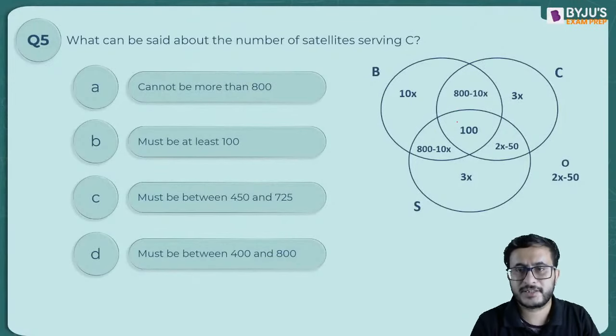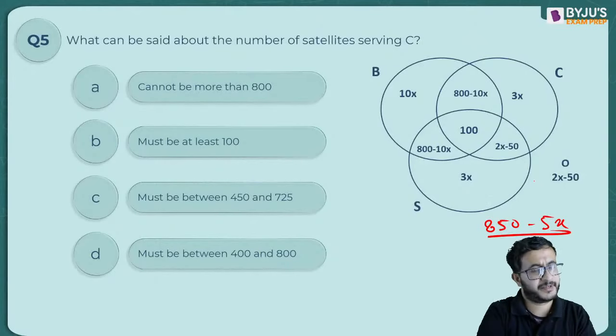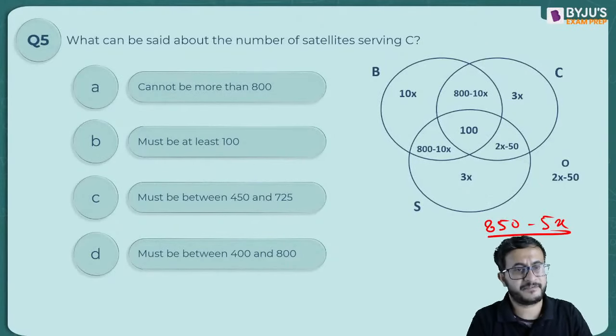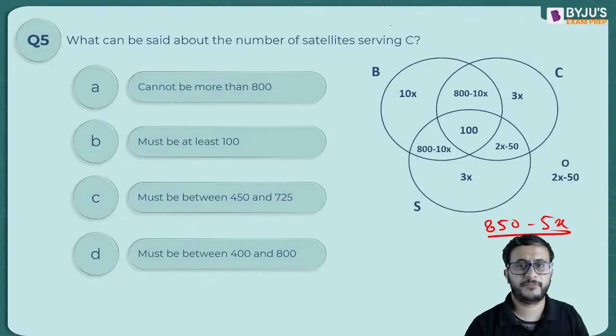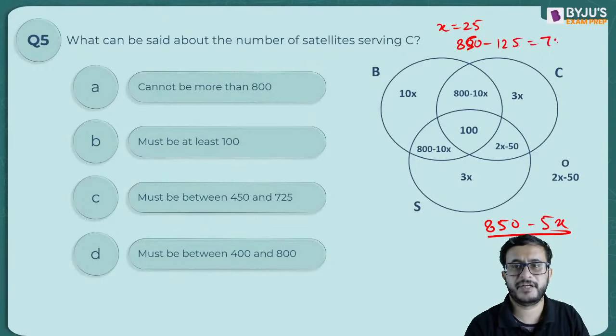So add this, you get 900 minus 50, that is 850, and this is 10x minus 5x, so minus 5x. So 850 minus 5x is the number. Okay, now try to put maximum and minimum. If x is equal to 25, this number will be 850 minus 125, that is 725.